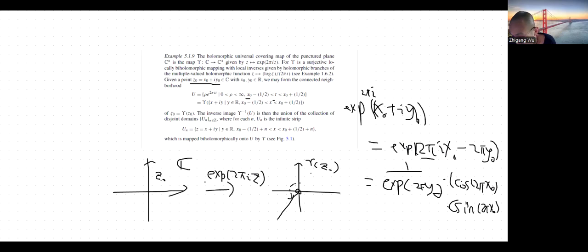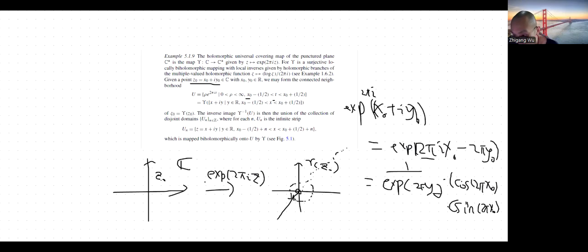When you decrease the angle by pi, it will be the same. And when you let rho go from 0 to infinity, you are extending this line from not hitting 0 all the way to infinity. So this is the neighborhood U.